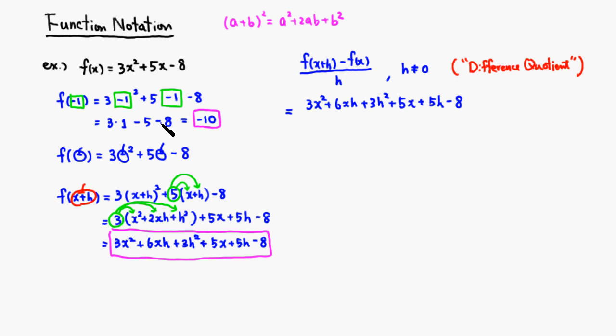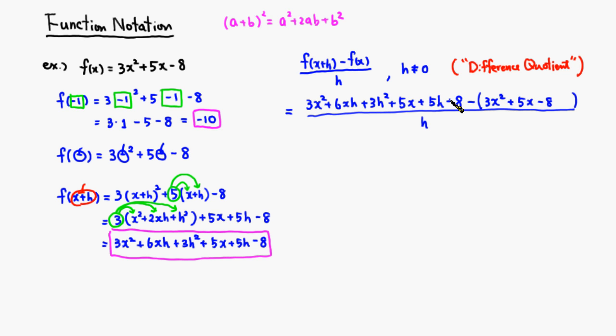Then we have a minus f of x. F of x is the original function, so make sure to put parentheses because this negative sign applies to all three terms: 3x squared plus 5x minus 8. Then that's the numerator, all over h.